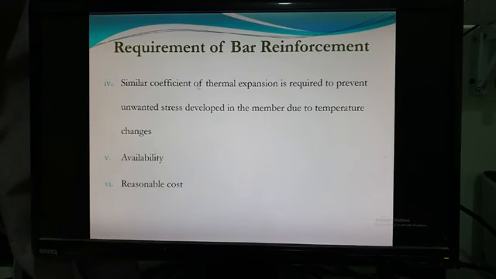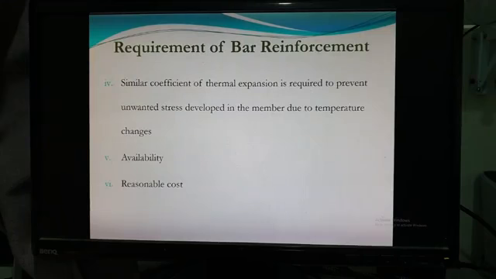Similar coefficient of thermal expansion, meaning that when the concrete expands due to tremendous heat, the reinforcement must also be able to expand at the same rate as the concrete itself. If not, then we will have a lot of issues such as cracks and whatnot.